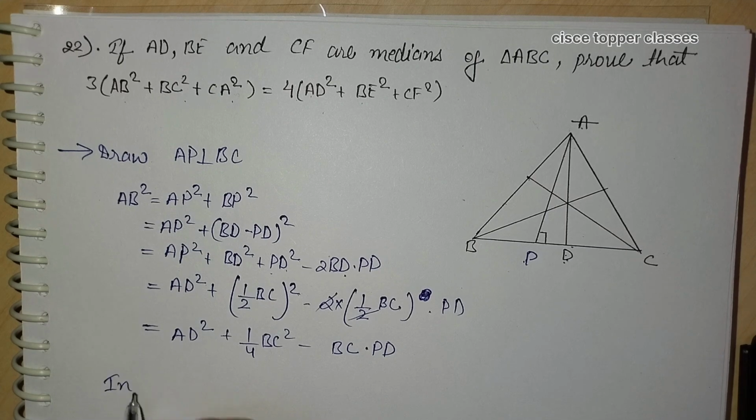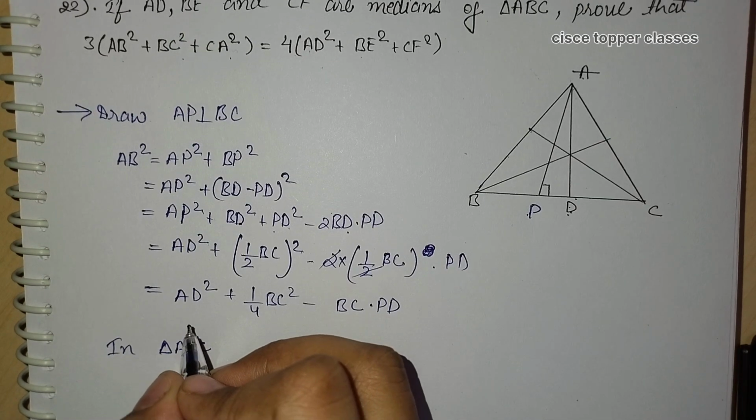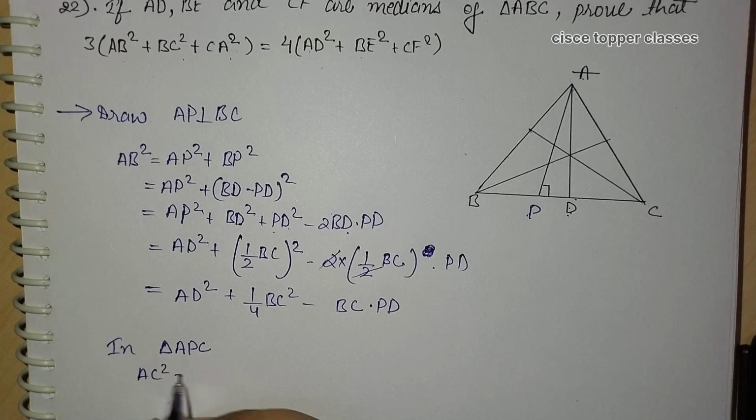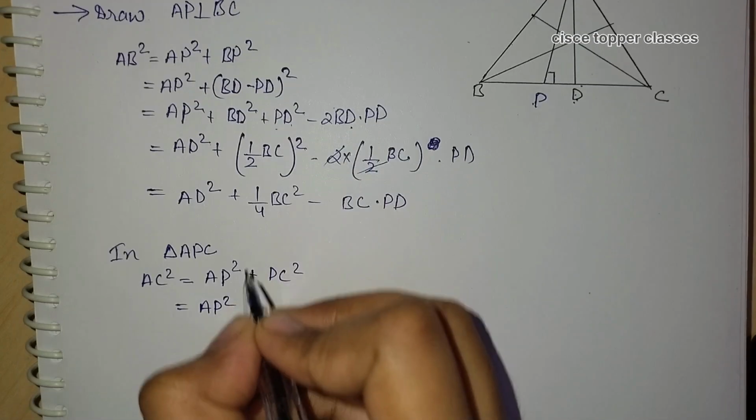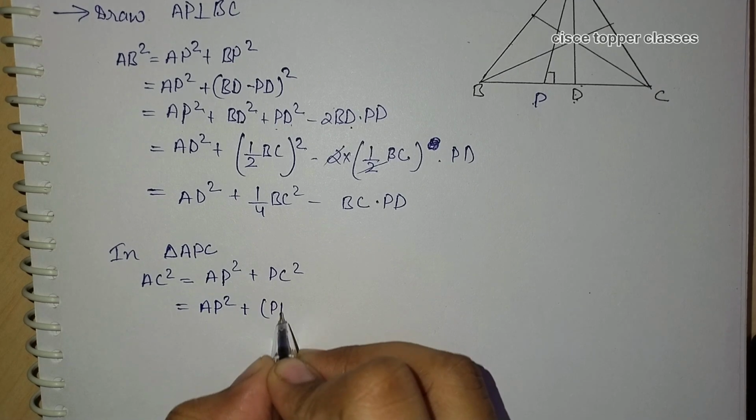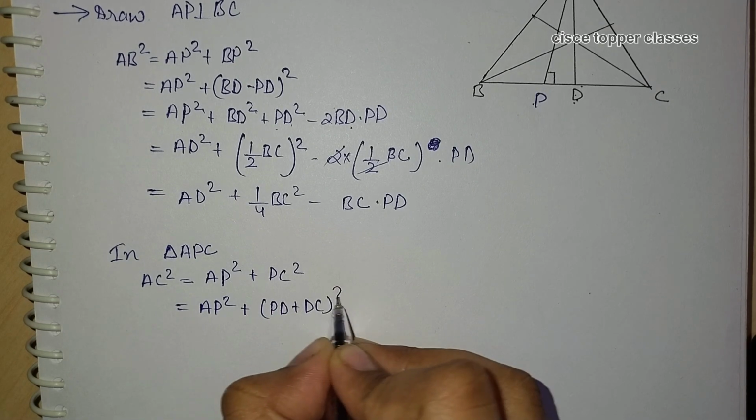Now similarly we can write in triangle APC, AC square is equal to AP square plus PC square. Again we can write this PC as PD plus DC, so AP square plus PD plus DC whole square.